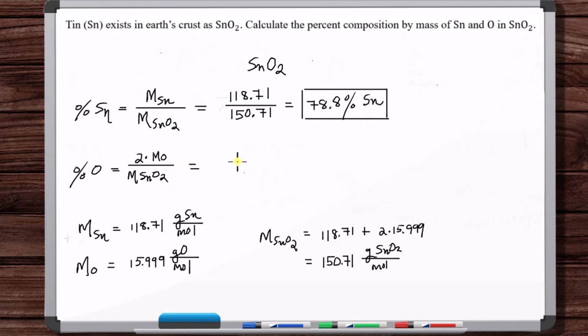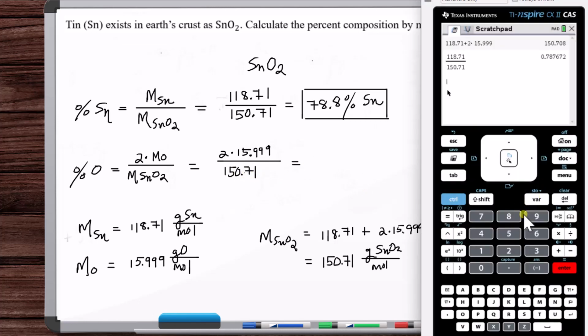Now the oxygen, 2 times the molar mass of oxygen over the molar mass of SnO2: 21.2%.